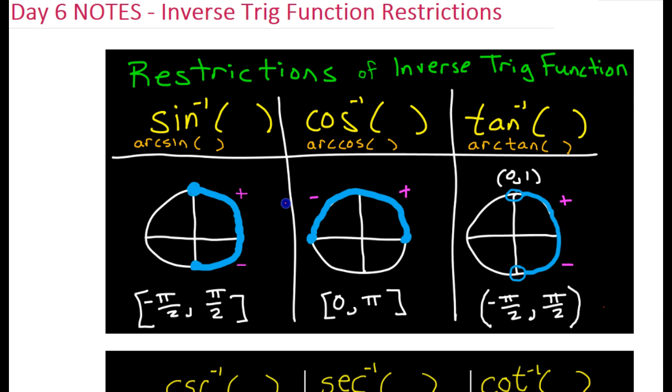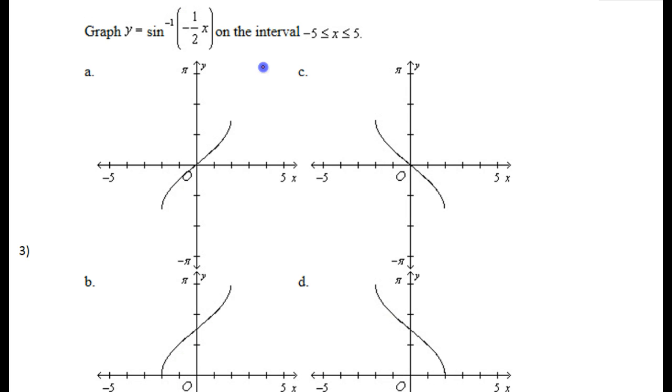So remember that these are the restrictions for inverse sine, inverse cosine, and inverse tangent. So the inverse sine function is only valid on the right-hand side of a unit circle. So that's from positive pi over 2 to negative pi over 2. All right, so just keep that in the back of your mind.